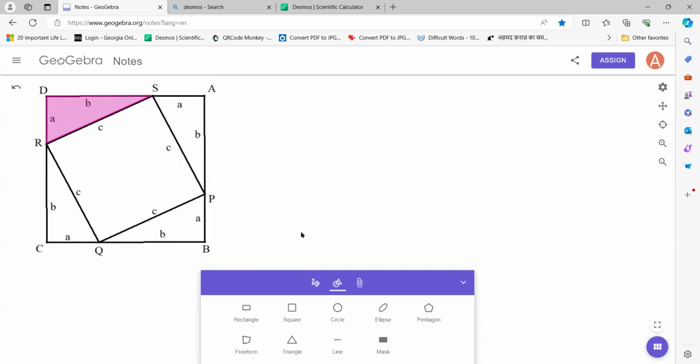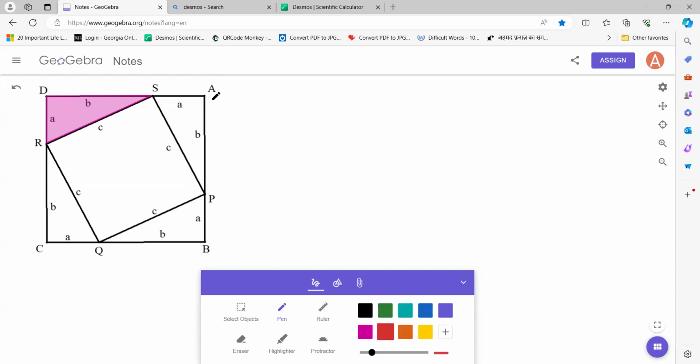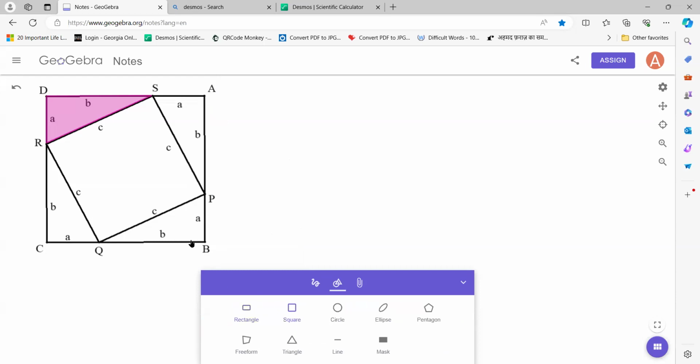Now, like before, I have to prove that quadrilateral ABCD is a square. Well, each side of ABCD is B plus A. That helps. That's my first step. And each angle is a right angle because we're talking about right triangles.